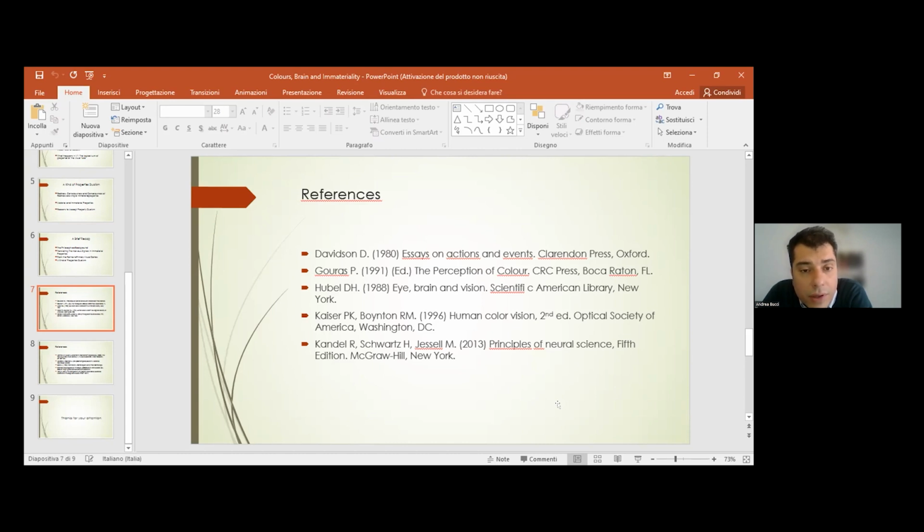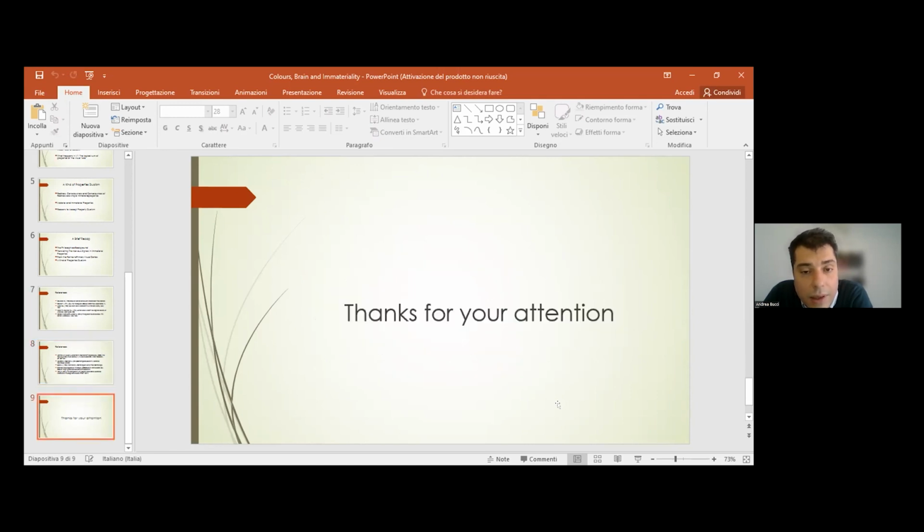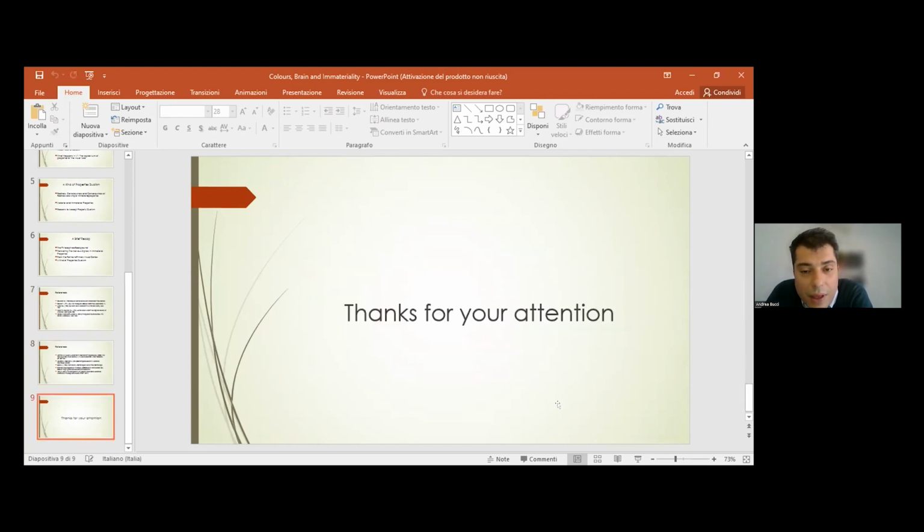The studies of Guras, Huber, Kaiser, Kandel, Lam, Lavazza, Robinson, from the other end, talking about dualism, and Searle, intentionality, and so on, and Davidson. That's a classic.